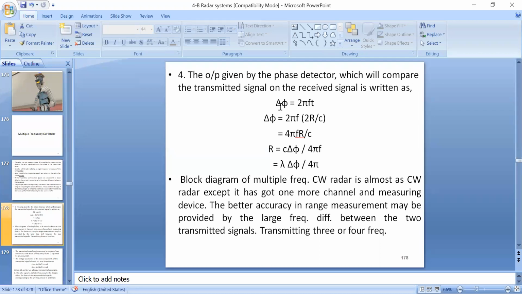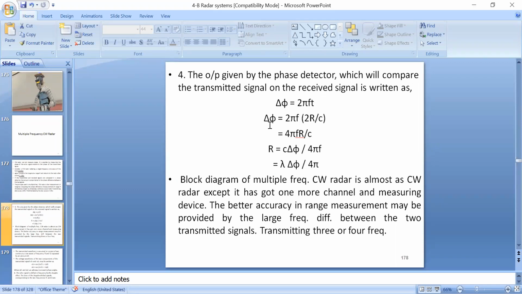If you assume that phase as delta phi equals 2 pi f T, where we know that T is the time taken for the radar signal to travel from the radar system to the moving target and back, and T is given as 2R by c. So delta phi equals 2 pi f, and in place of T we substitute 2R by c. Now it becomes delta phi equals 4 pi f R by c.